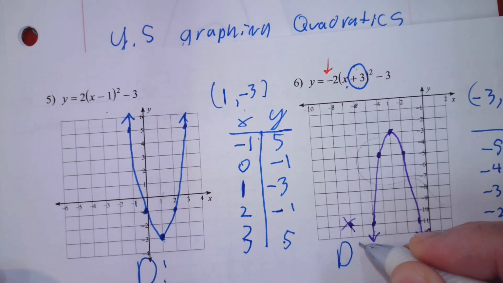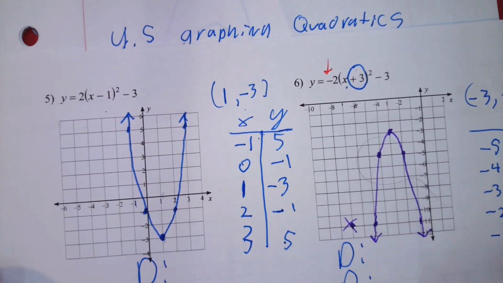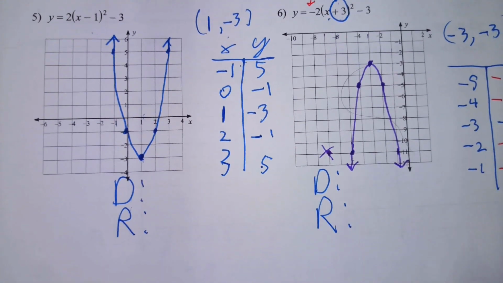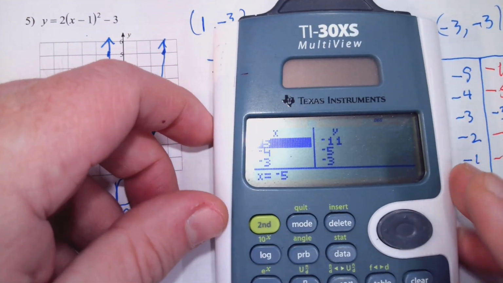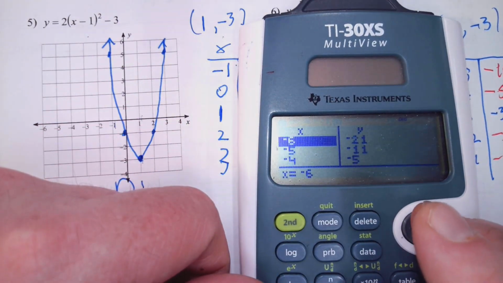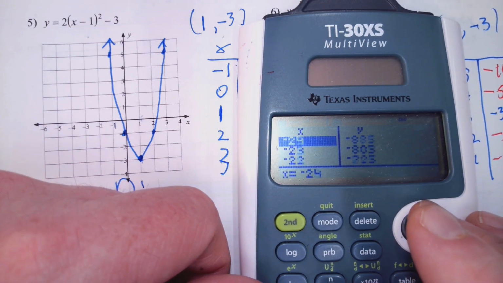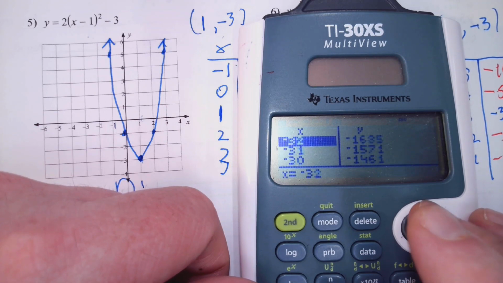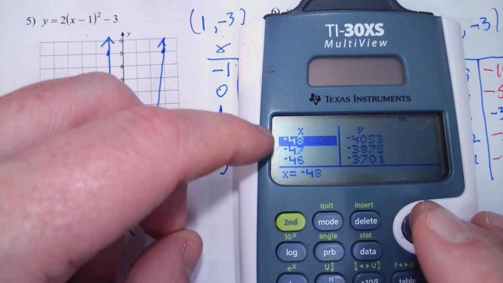Domain and range. Okay. And just looking at here, that's the nice thing about a calculator. Let's see. If I just keep going like this on my calculator, what's happening to the numbers? Okay. So, am I ever going to have to stop?